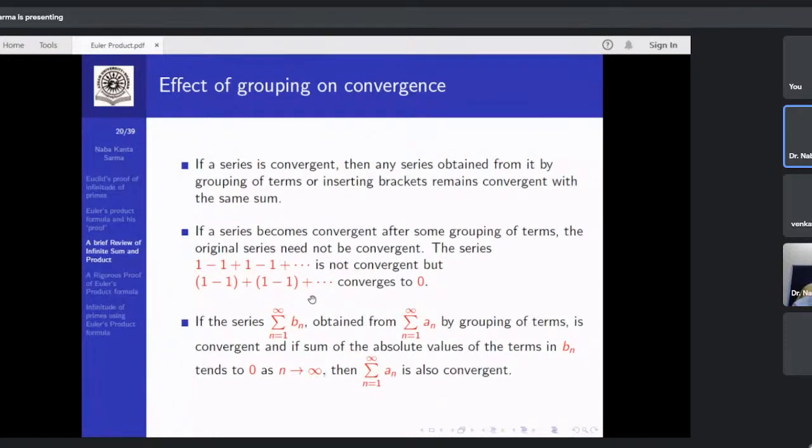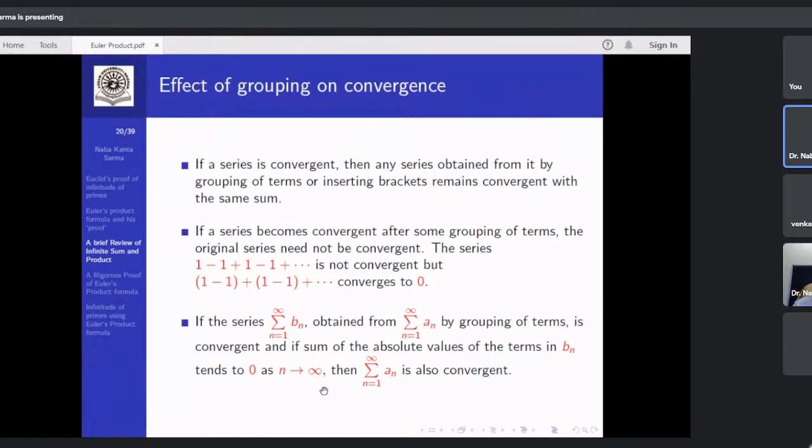Now the question is, if the grouped series is convergent, can we say that the original series will also be convergent? This answer is given in the next item. So suppose after grouping of terms, a series becomes convergent.